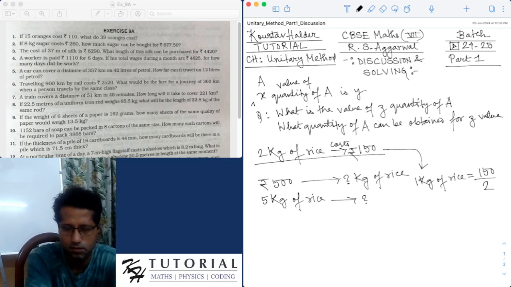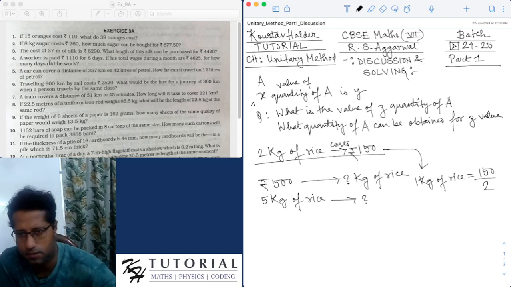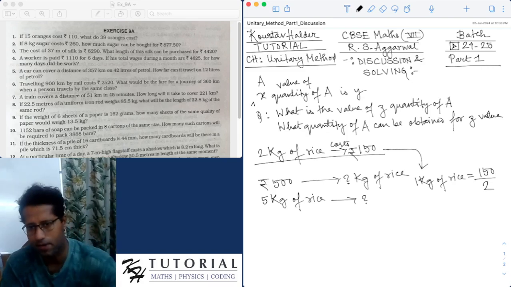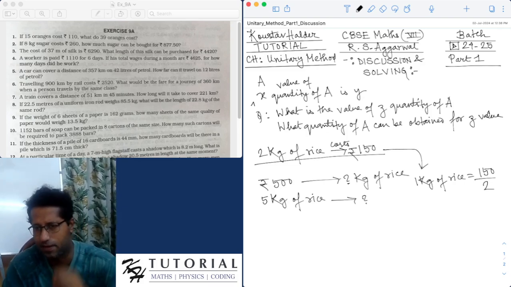We divide 150 by 2 because we are buying some amount of rice for some rupees. So here the quantities are the cost of rice and the amount of rice. The amount of rice and the cost of rice vary directly.